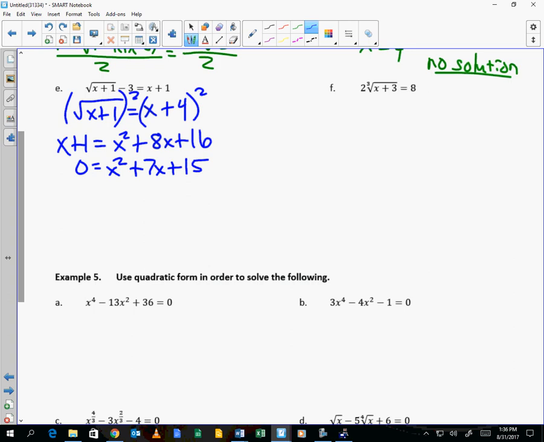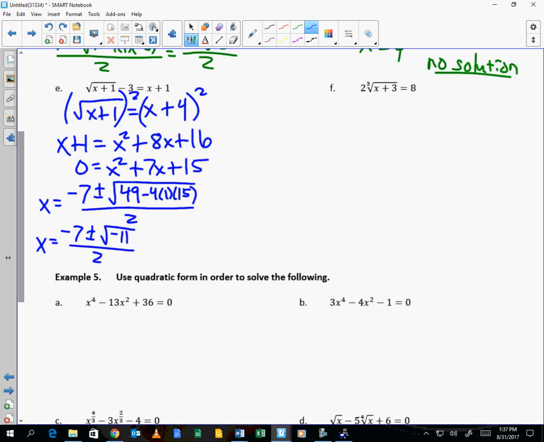So, quadratic formula. 49 minus 4 times 1 times 15. So I got 49 minus 60 is negative 11. Oh no.